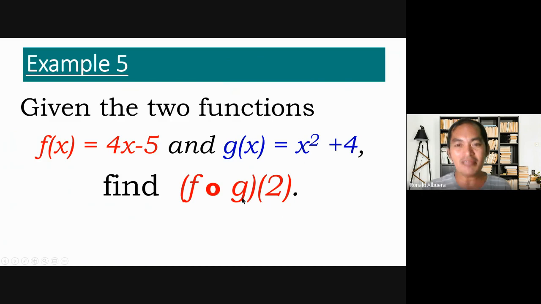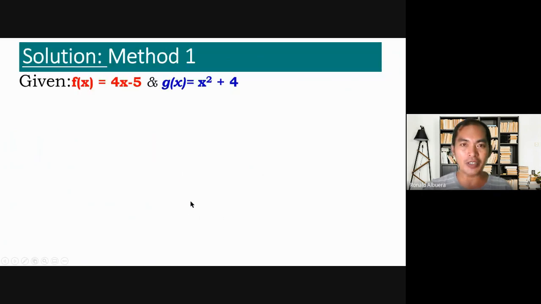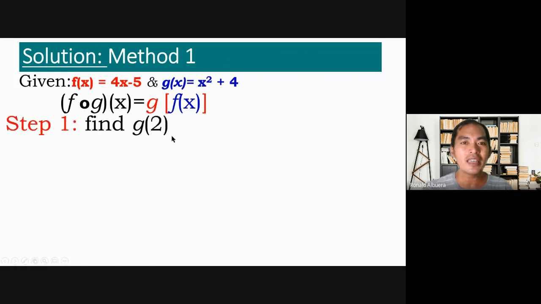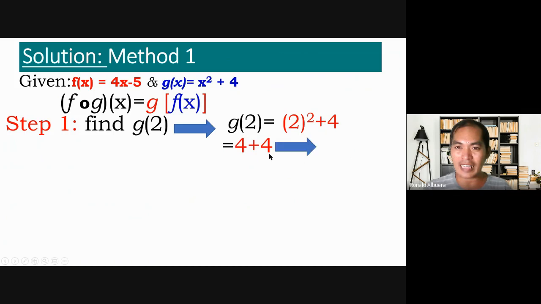Then, yung sagot, i-evaluate naman natin sa f. Ganun po yon. So, in this case, itong 2, isa-substitute natin sa x ng g. So, we have 2 squared is 4 plus 4 is 8. Okay? So, g of 2 is 8.